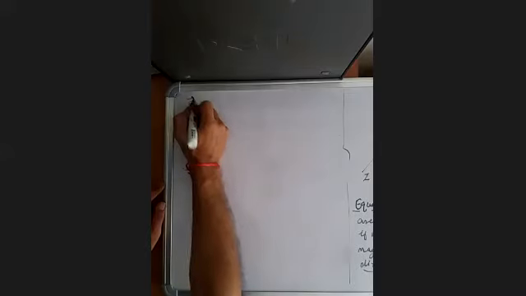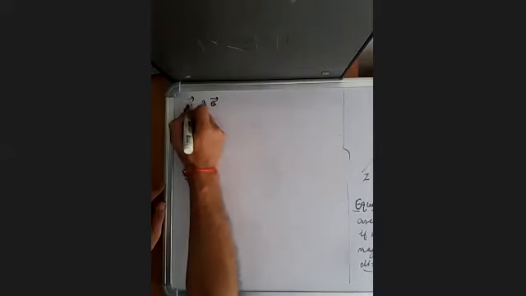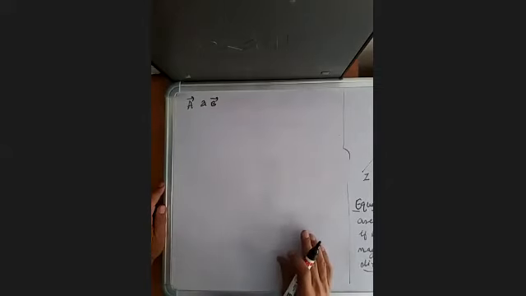Suppose we have two vectors, vector A and vector B. So when can we say that the two vectors are equal?